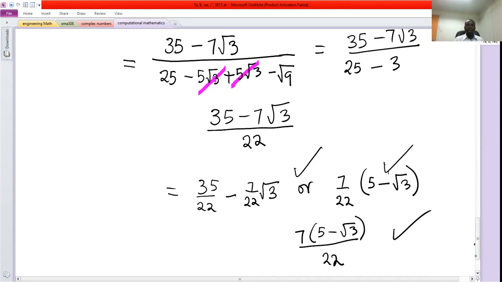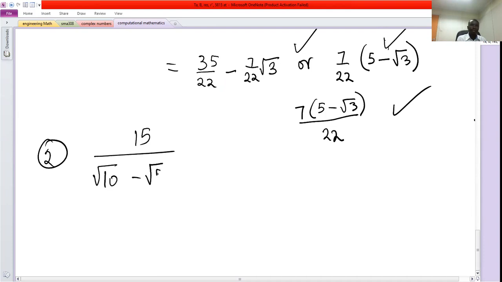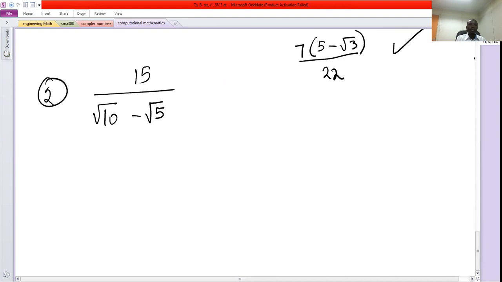And then example 2, 15 over square root of 10 minus square root of 5. So multiply by the conjugate.